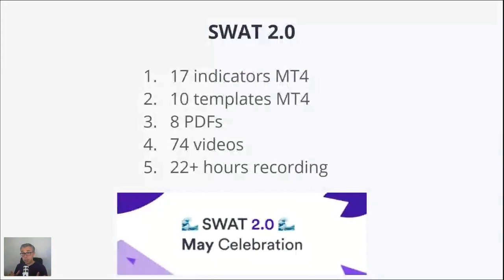There are 10 templates so that you can easily add all of the indicators to the MT4, so you can apply that quickly. There are 9 PDFs in the meantime.